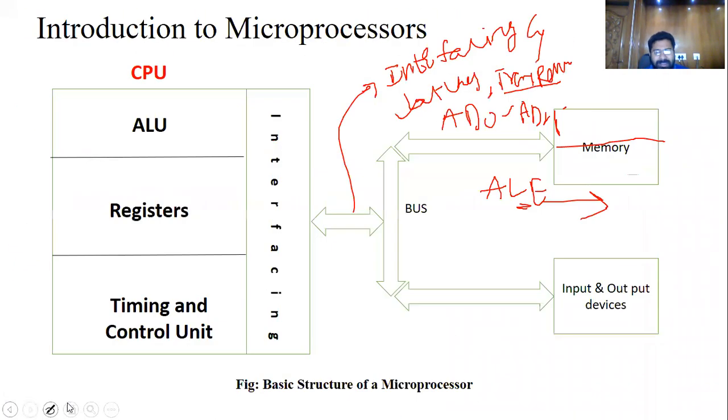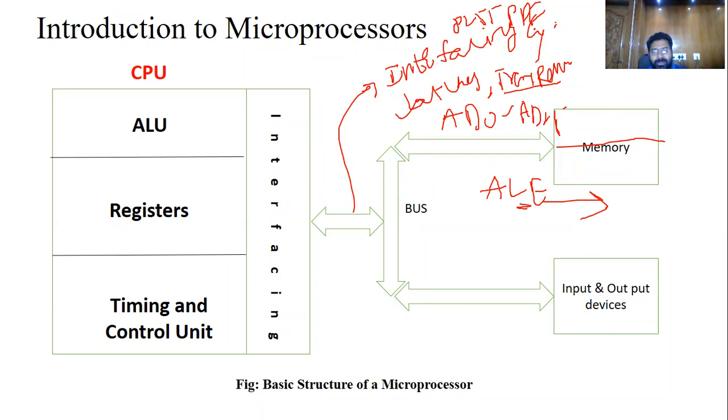Whenever you are interfacing this CPU with memory devices and input-output devices, you know that we have some interfacing devices, like the 8255 PPI. You require the 8279 keyboard and display devices, some DMA controllers, some USART controllers.